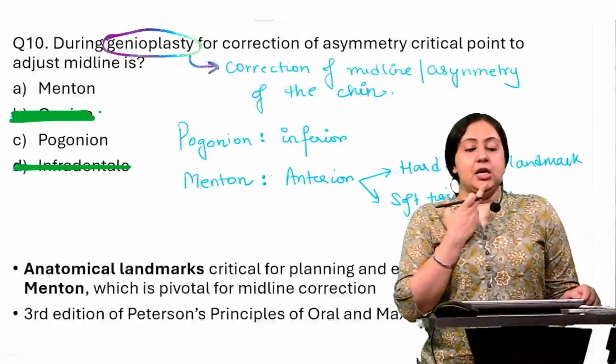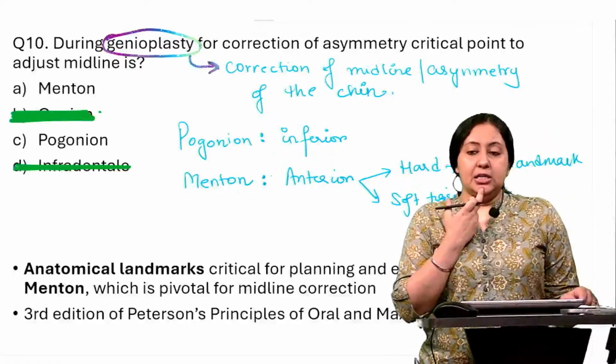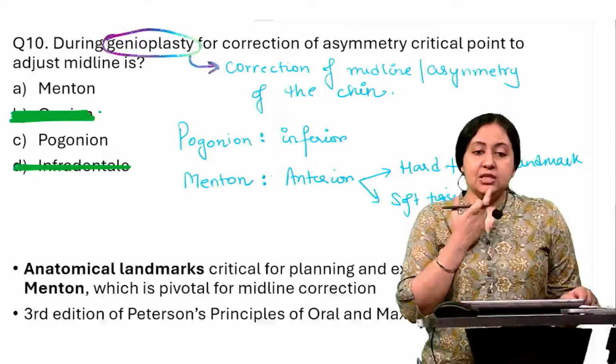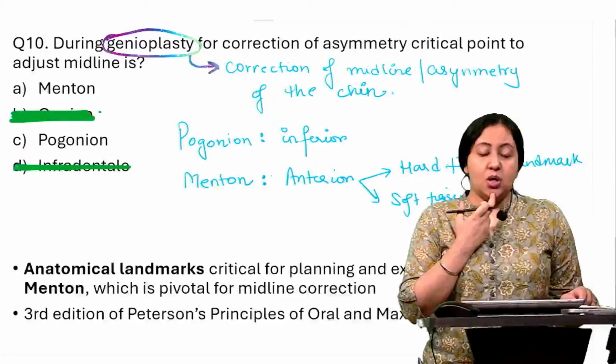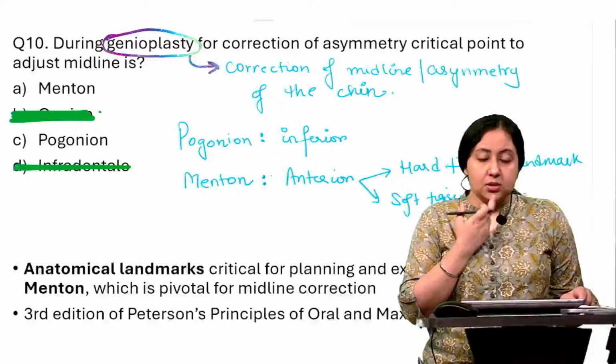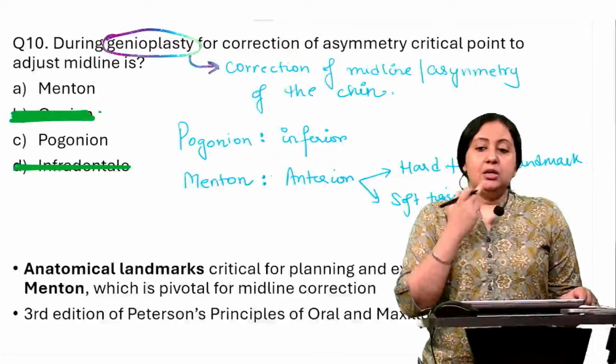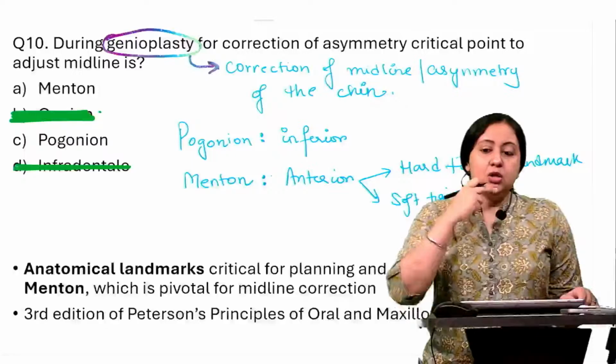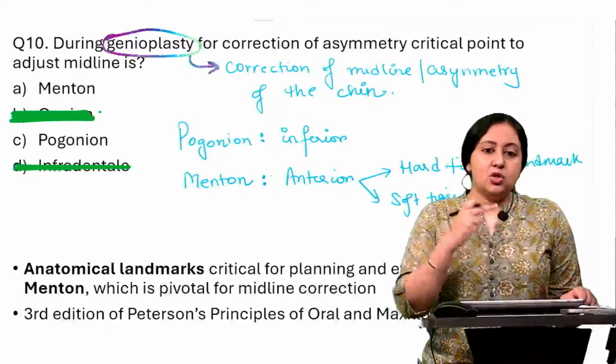So the anterior most point present on the bony symphysis becomes your menton. And the corresponding point of it on the soft tissue becomes your soft tissue menton.